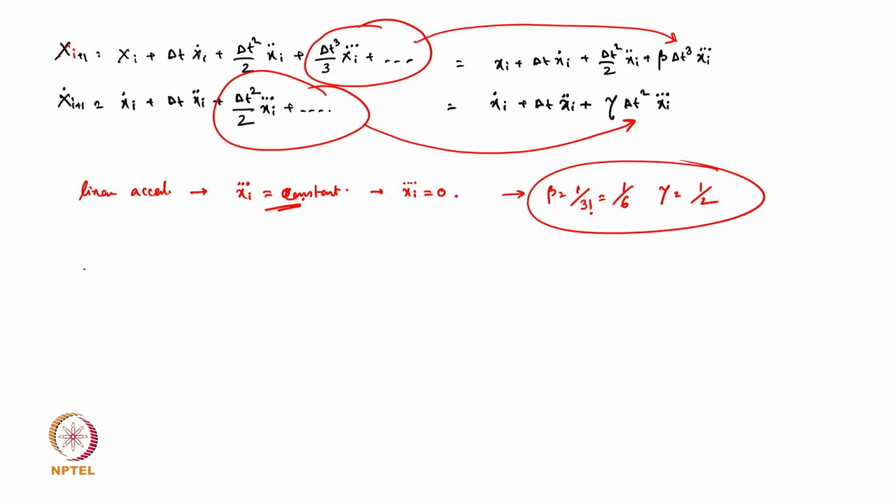So if you see, for the average acceleration case, the acceleration at any value of tau is actually this.